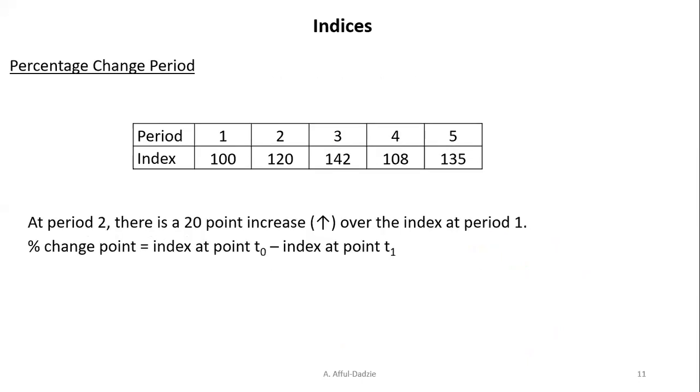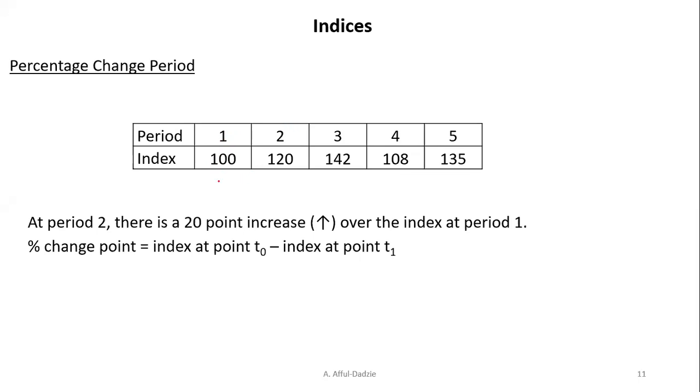All right. So there's another point. We call this the percentage change. Percentage change is just like computing the rate of change. So if you take the base period, let's assume this is the base period, 100.